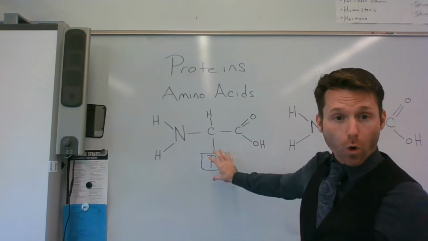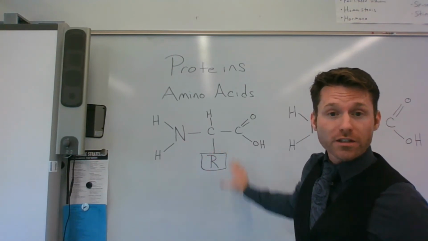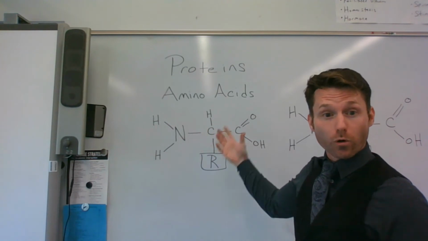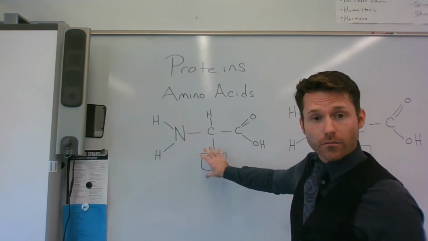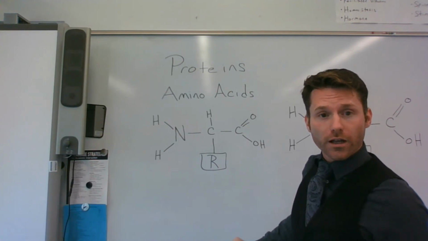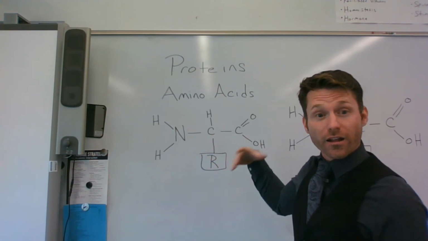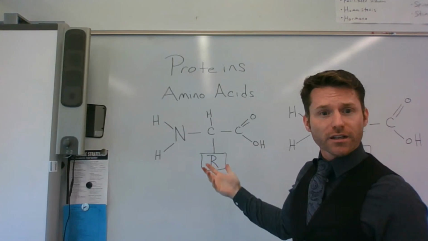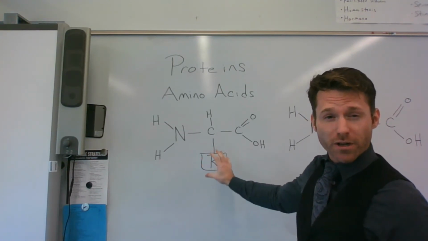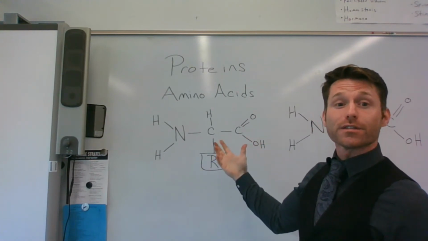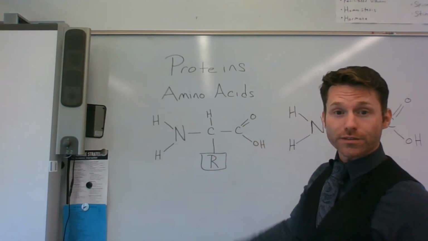So if I have a polar group here, this amino acid will function with a polar nature. If I have an acidic group here, this amino acid will be acidic in nature. So this region changes depending on the amino acid and gives the amino acid its qualities.